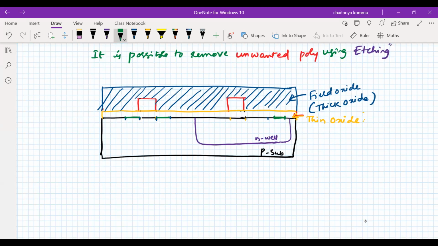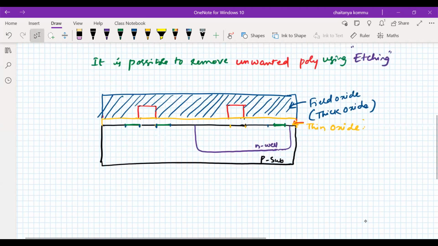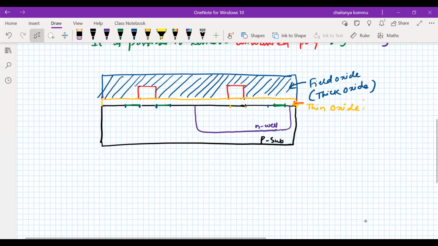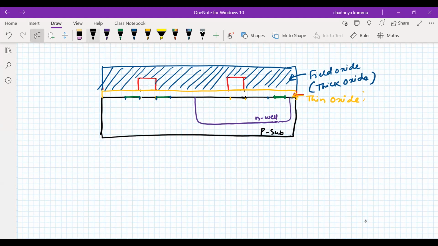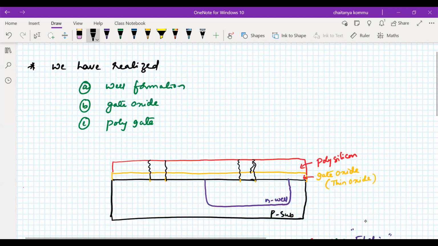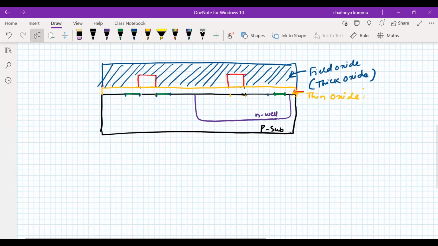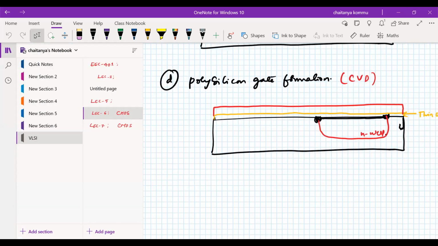So the next step, I'll write it here, is how many steps have been completed. D. Okay.